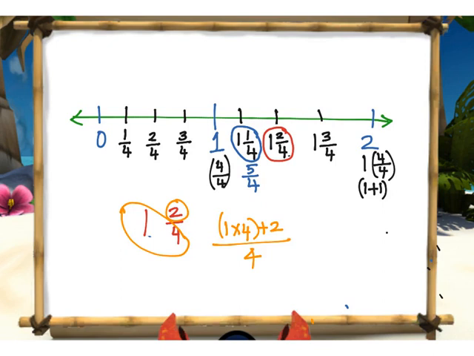So 1 times 4 is 4 plus 2, which is 6, 6 by 4. So 1 2 by 4 will become 6 by 4.